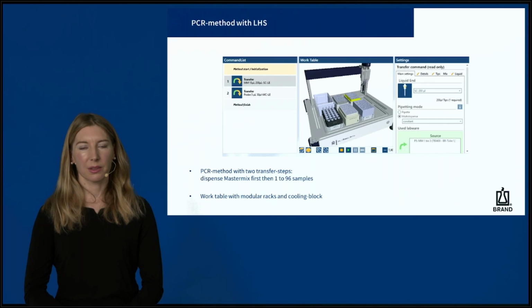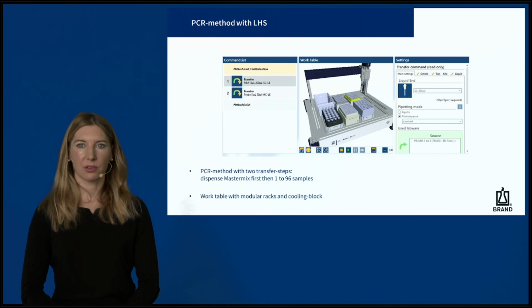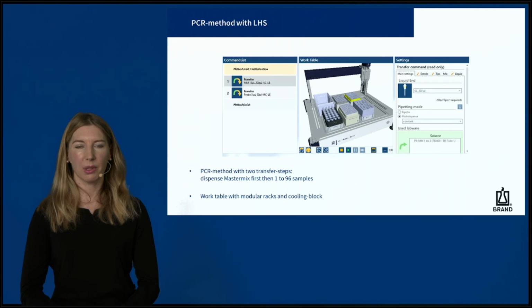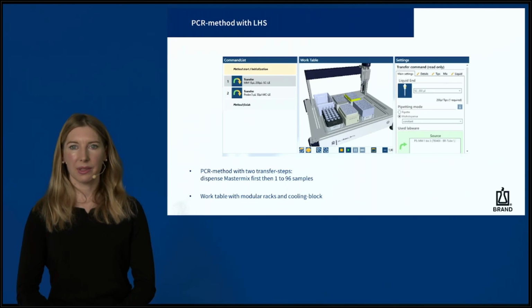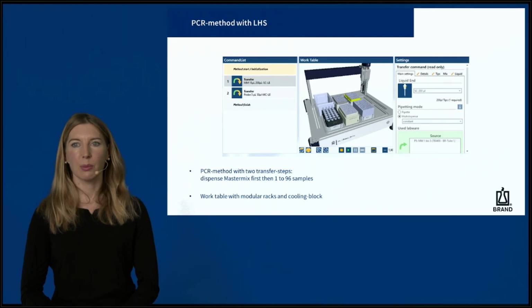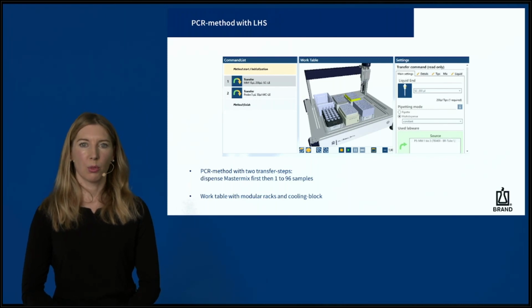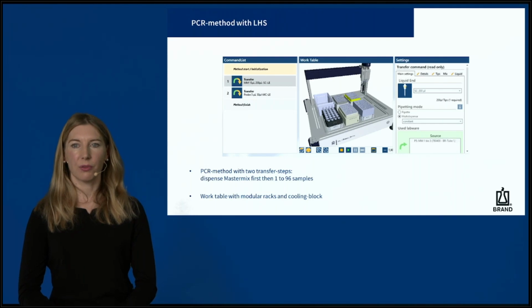All of the customer's labware can be used at the workbench, including sample racks and cooling blocks for PCR sample plates. Summing up, we can say that medium-sized throughput sample preparation can be easily automated with this system. And with a modular design, it is open for new applications in the future.